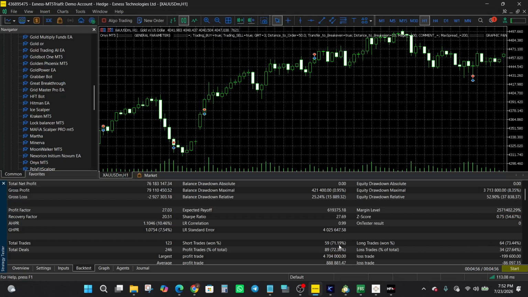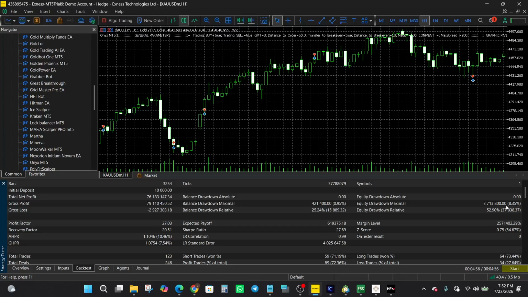The overall profit factor came in at 27.03, supported by a recovery factor of 20.51 and a Sharpe ratio of 27.69. When reviewing drawdown metrics, the maximal equity drawdown recorded was 8.35, while the relative equity drawdown reached 52.9%.